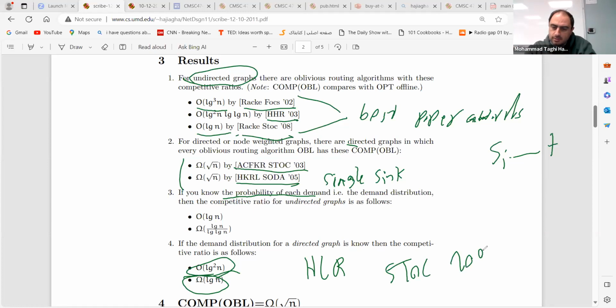We show that you can get log n to the 2, but there is a lower bound of log n. It was quite non-trivial if you have this assumption. But again, this is very important: the demands between these pairs should be independent.